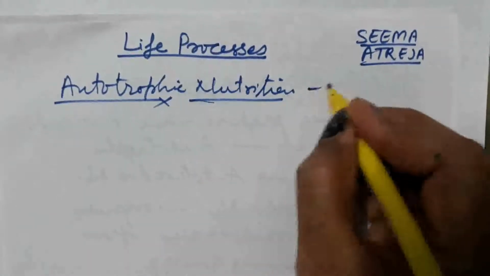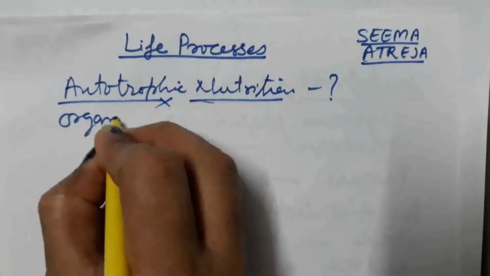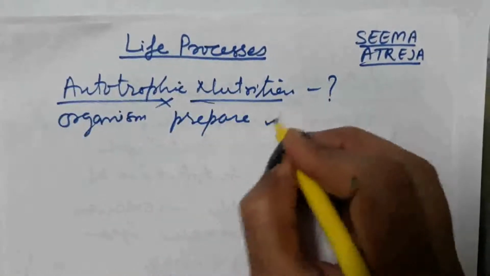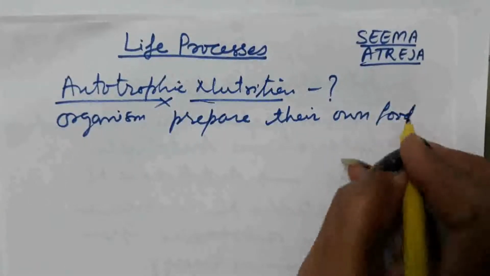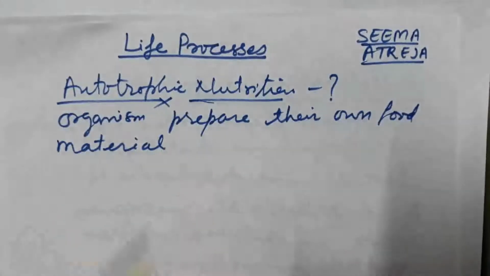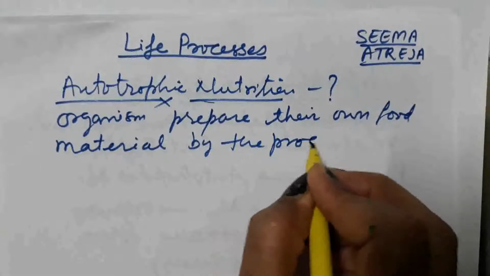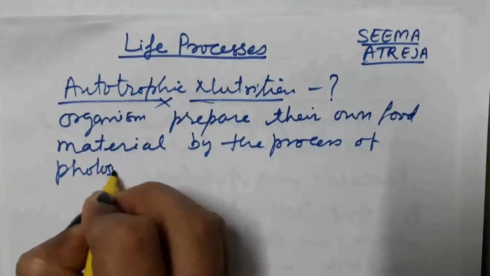What do you mean by autotrophic nutrition? It is the mode in which organisms prepare their own food material by the process of photosynthesis.